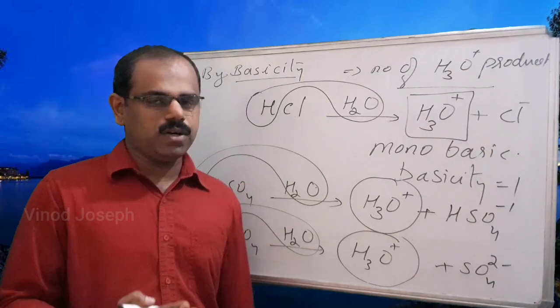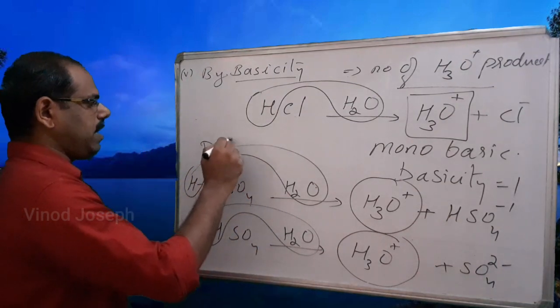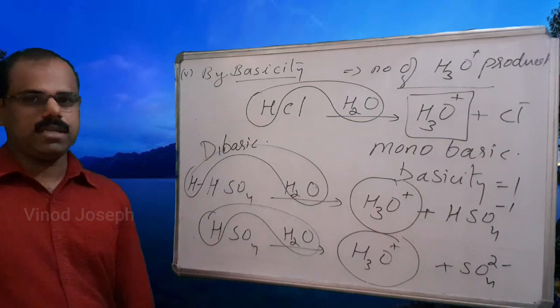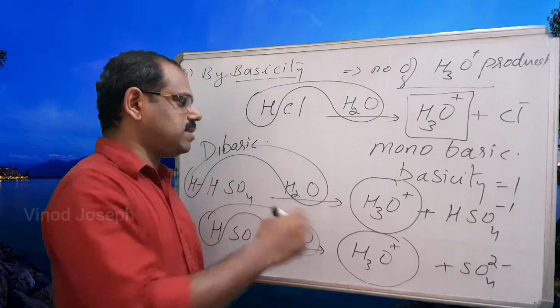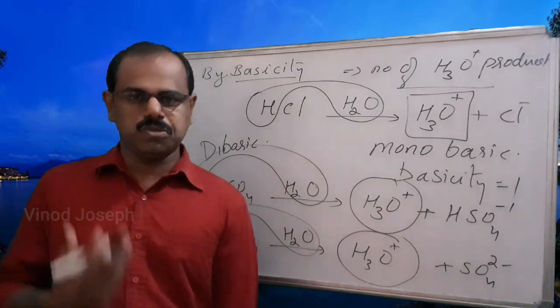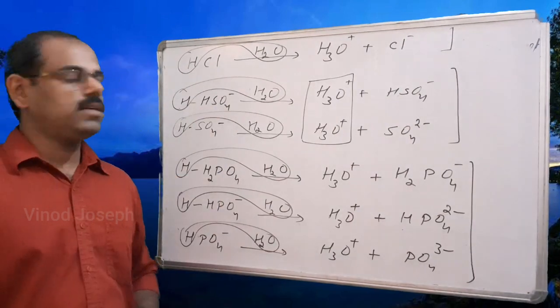So sulfuric acid produces 2 hydronium ions. Since there are 2 hydronium ions, it can be called a dibasic acid. If asked what is the basicity of sulfuric acid, we can say basicity is equal to 2. See these examples. The first one we have already discussed, HCl.